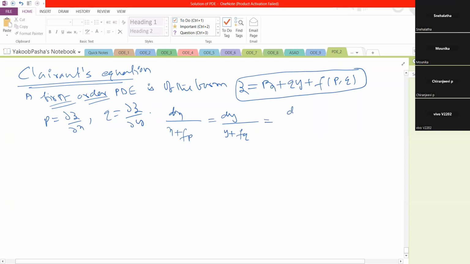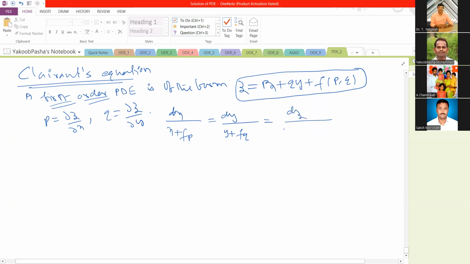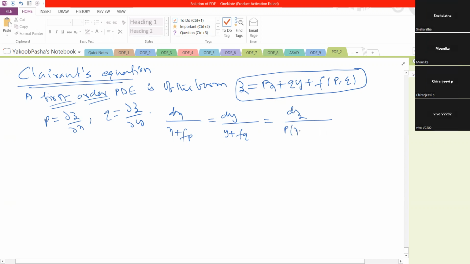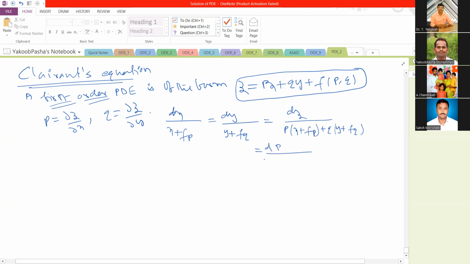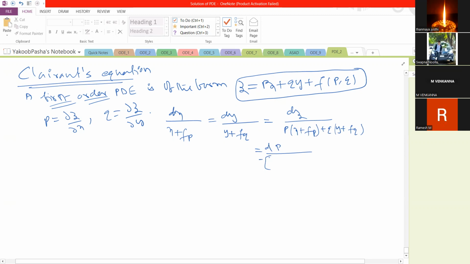That is equal to dz by pfp plus qfq, p into x plus fp plus q into y plus fq. That is equal to dp by minus of fx plus p into fz. fx, this is p. p into fz is z, divided by this current, px plus qy plus f of p comma q minus z.